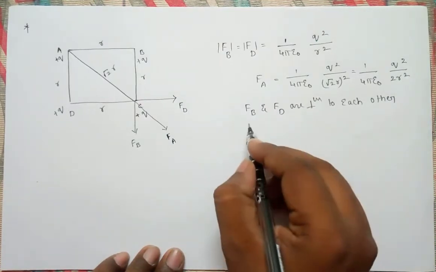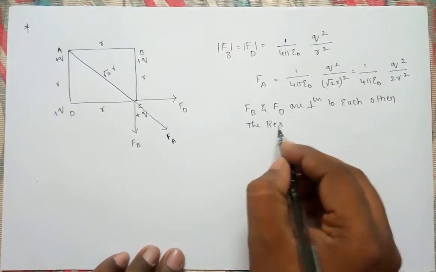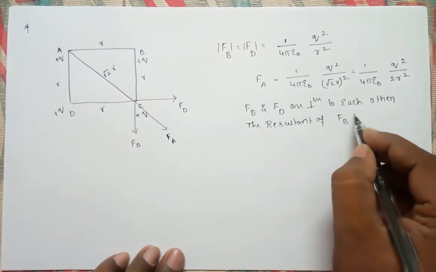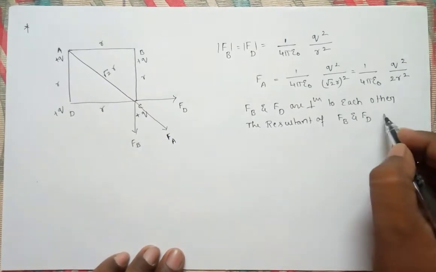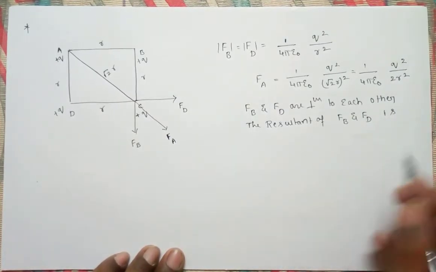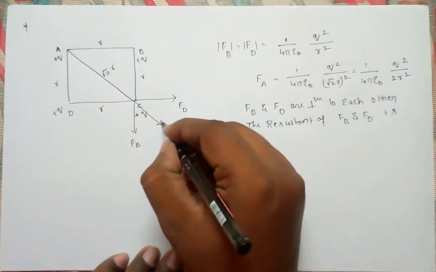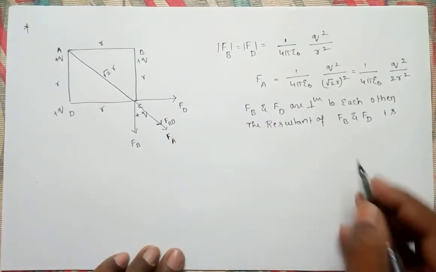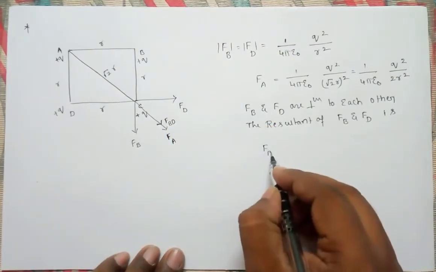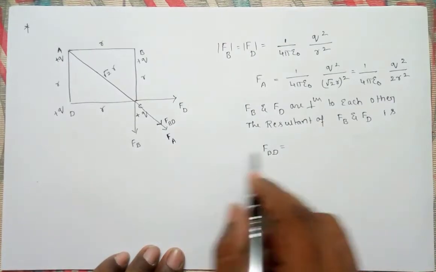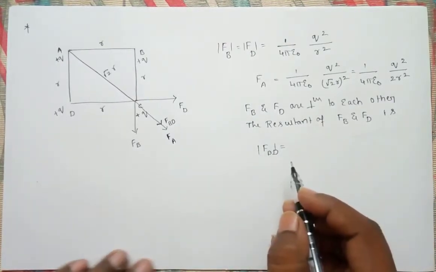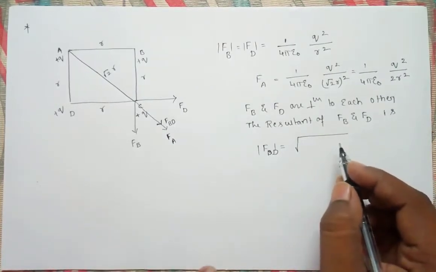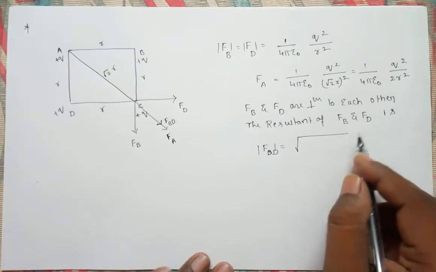So here the resultant of FB and FD is along the diagonal, that is along FA. So this is the resultant of FB and FD. Its magnitude, for two perpendicular vectors P and Q, the resultant will be root over P square plus Q square.